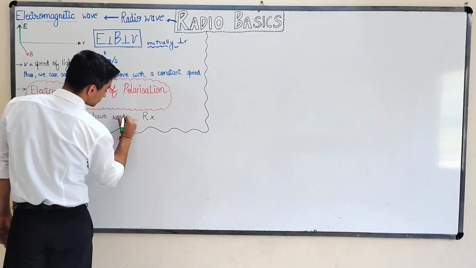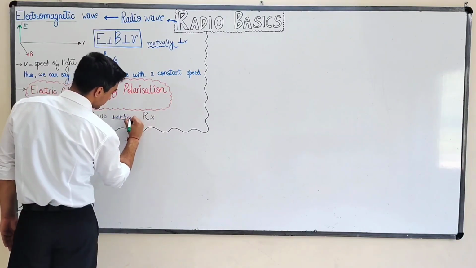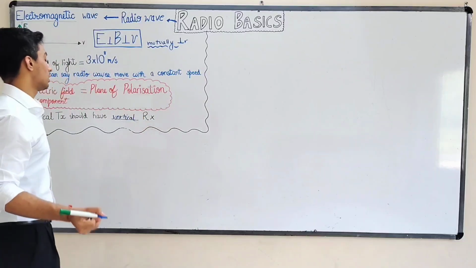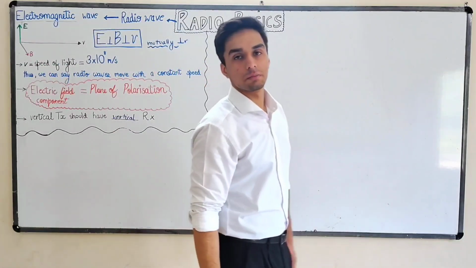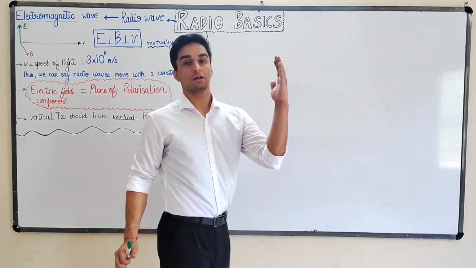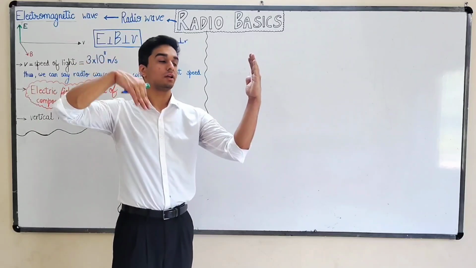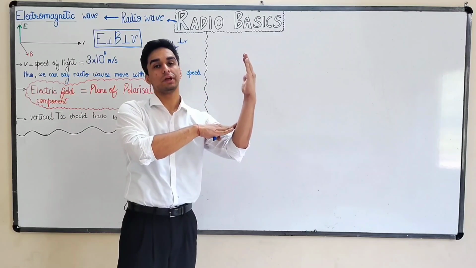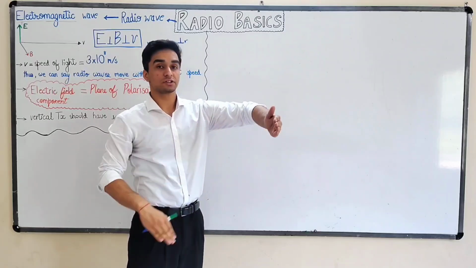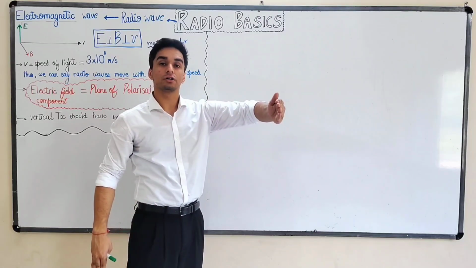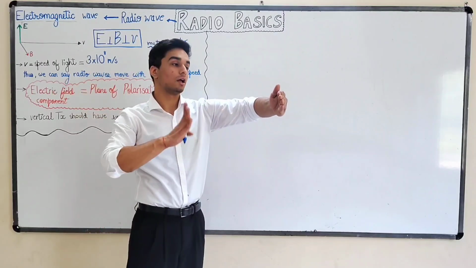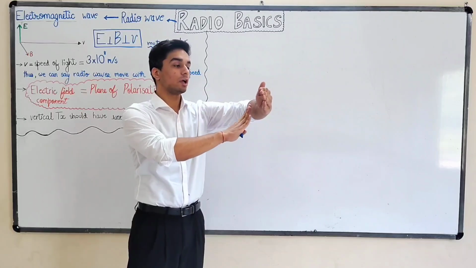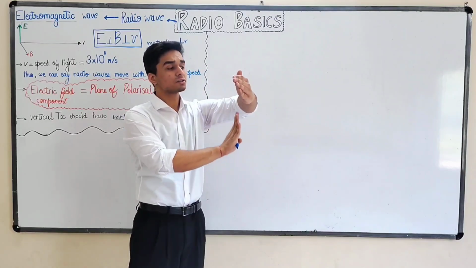The answer is a vertical transmitter should have a vertical receiver, because if a vertical receiver is there, then a vertical transmitted light or radio wave could be detected. But if this becomes a horizontal receiver, then the light that is propagating vertically gets undetected or some part of it gets detected.